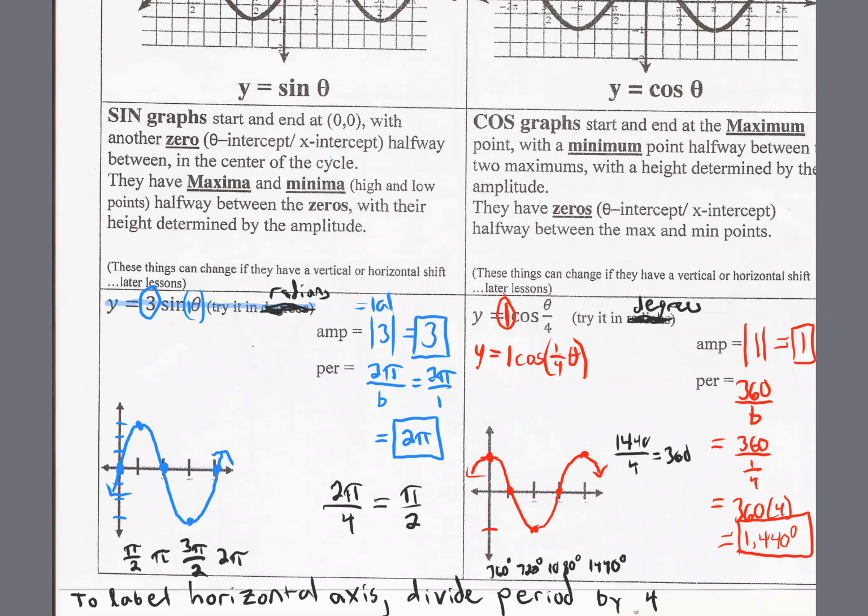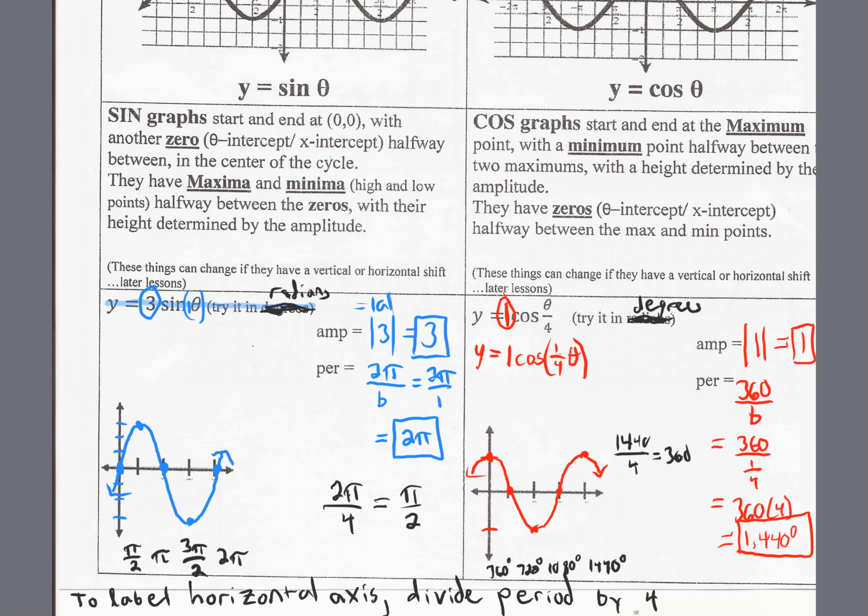All right, so any questions on this page? Mr. Morrison, how would you graph it on your graphing calculator again? Because I'm kind of having some issues. Okay, so first of all, make sure you're in degree mode. You're doing the second one, right? Yep. Y equals cosine, so you do y equals cosine of x over 4. So it should look like this if you can see it.